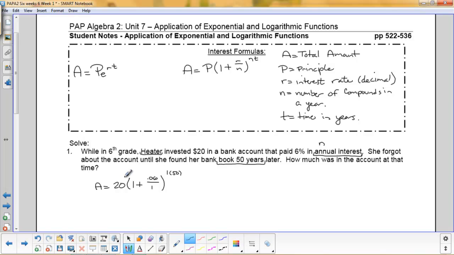So what I like to do is do this part in parentheses first to avoid any confusion with my calculator. Then once I have that, I raise it to this power right here. So it's 1.06 raised to the 50th power. Then I'm going to multiply that result by 20. And that's going to give me 368.4.